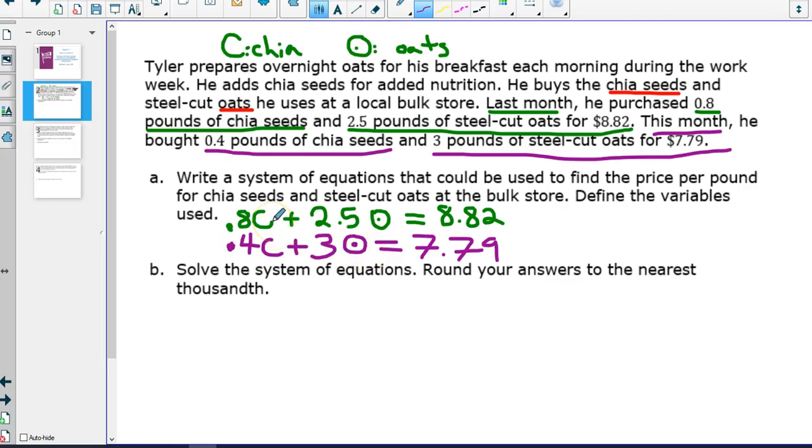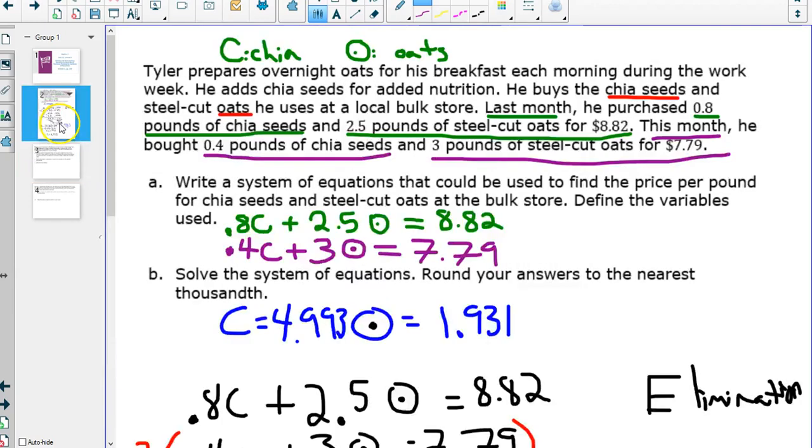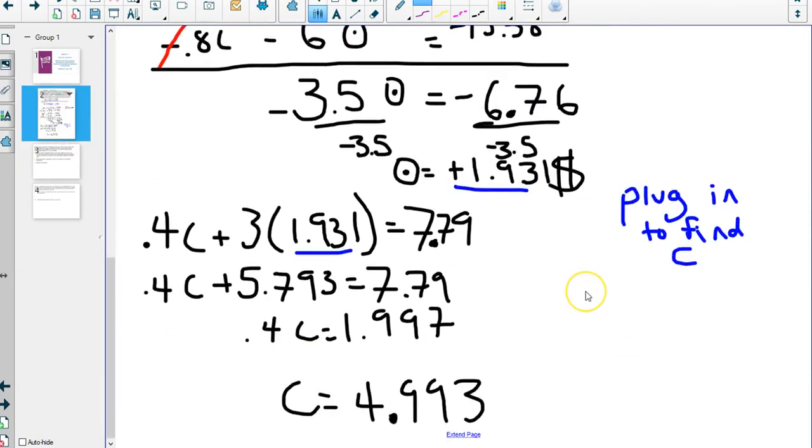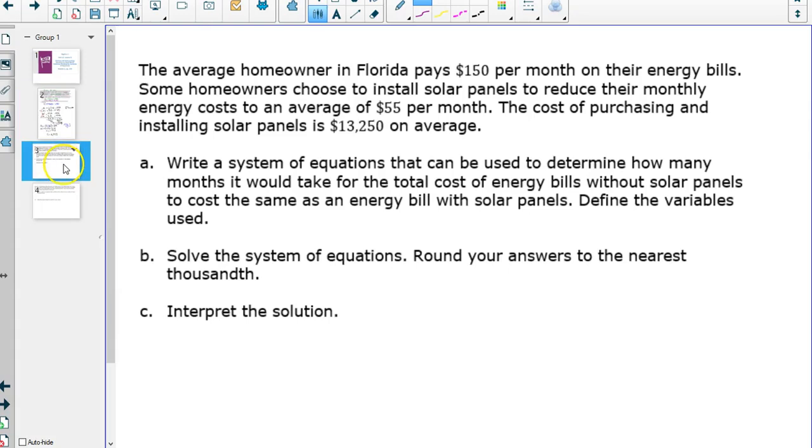So what I want you to do is take a second, use any method that you like, either substitution or elimination, to figure out what C is, and I guess I could use a different color for both of these. I want you to figure out what C is equal to and what O is equal to. Okay.